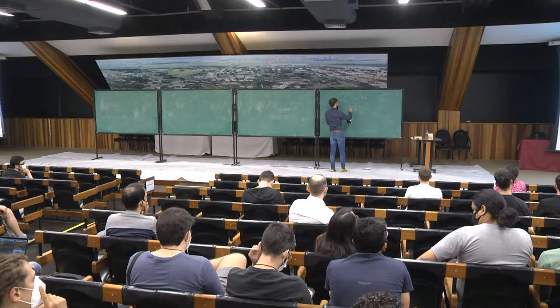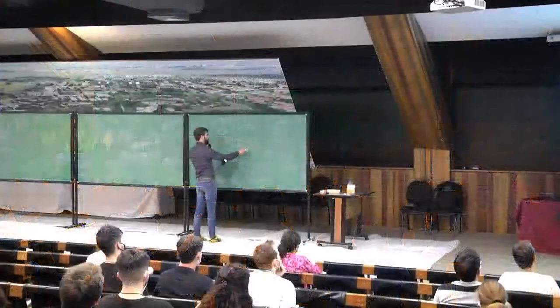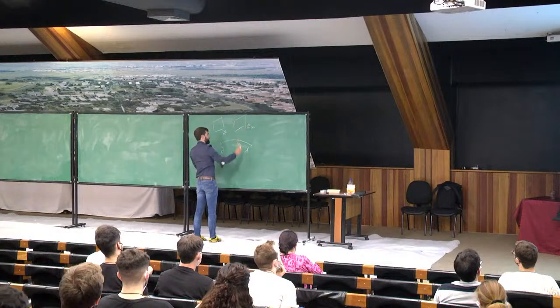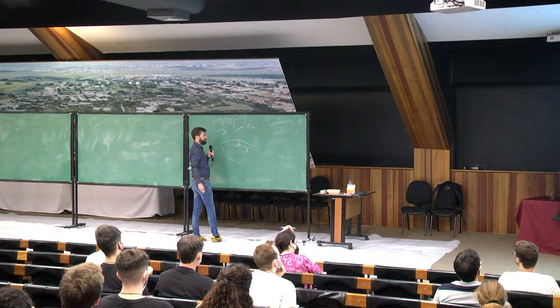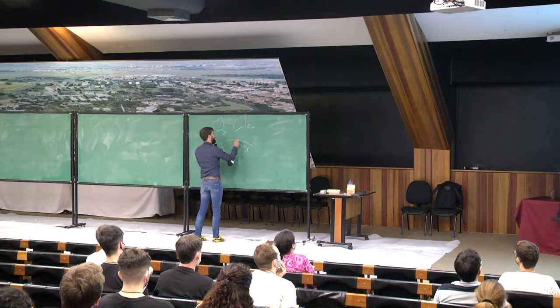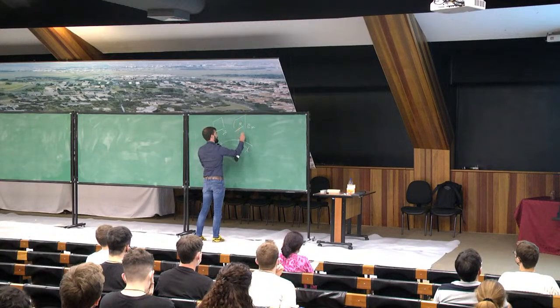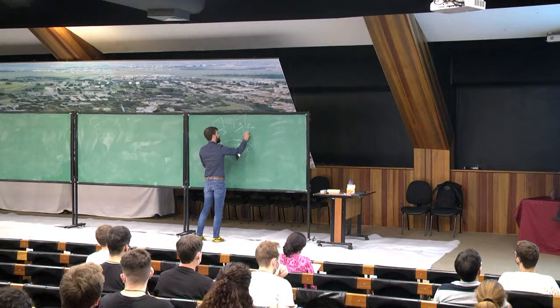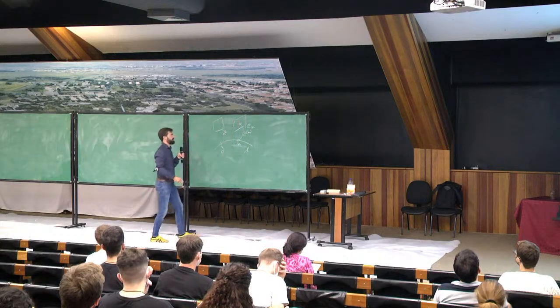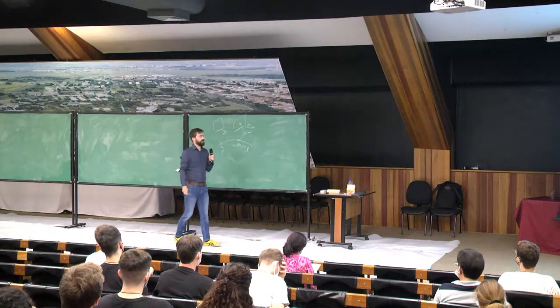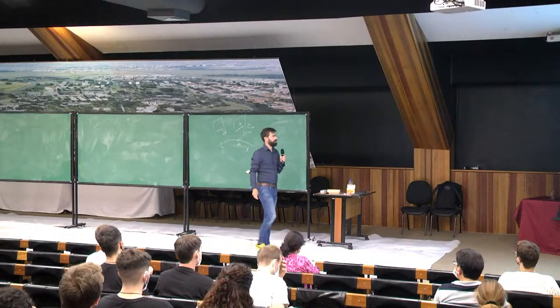That means there are maps from here to the union of these spaces, with the property that x is mapped to the space E_x. And then there are these two properties that are important.